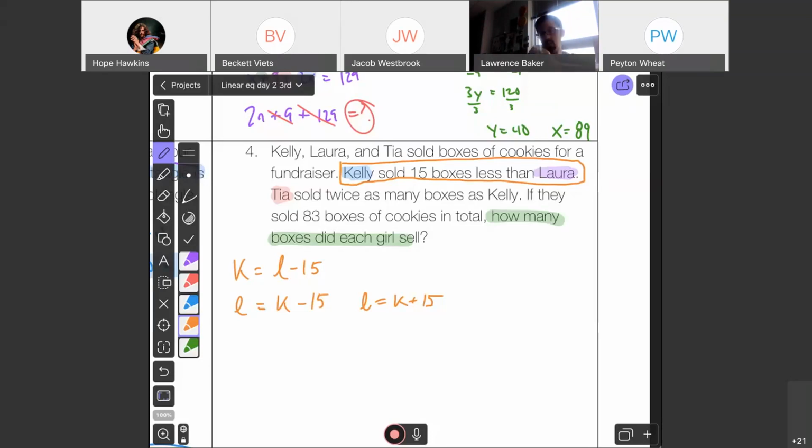So, I mean, we're the ones writing the equations, so does it matter how we write it, right? Does it have to be a specific way? I'd assume we'd have to write it a specific way. Okay, so is there one of them up there that you're thinking is wrong? Or two wrong?